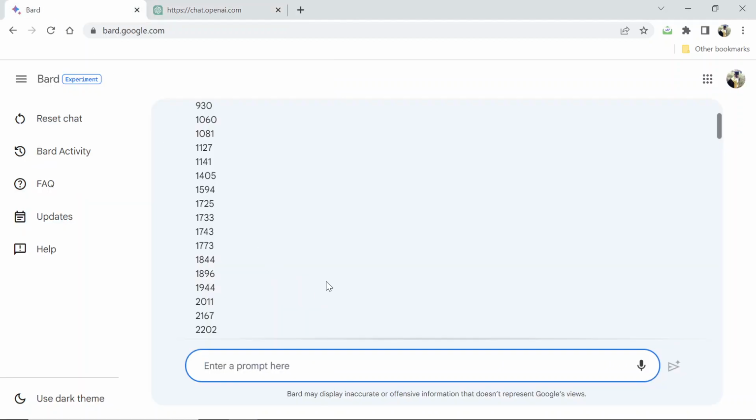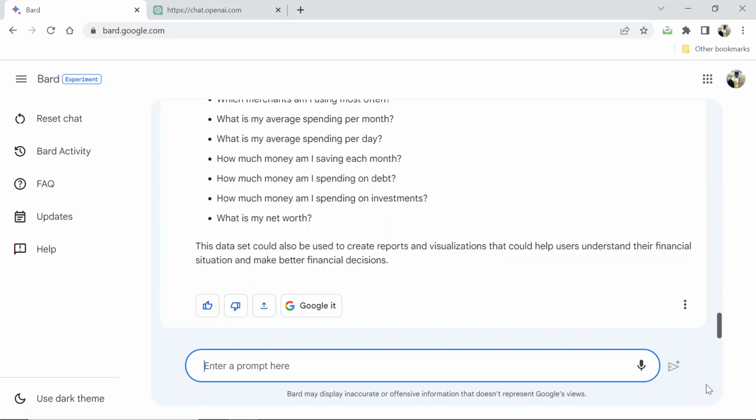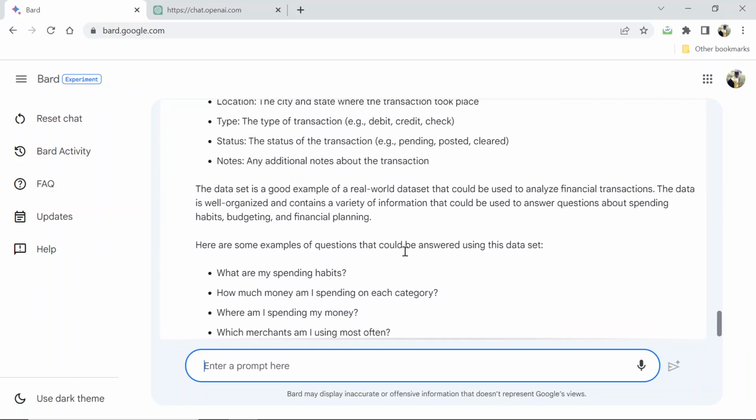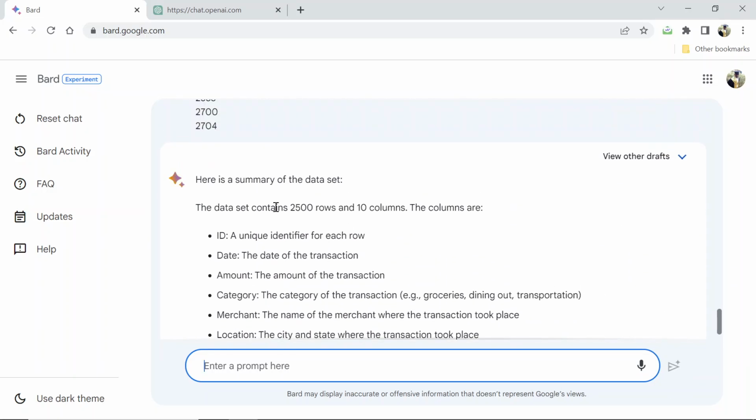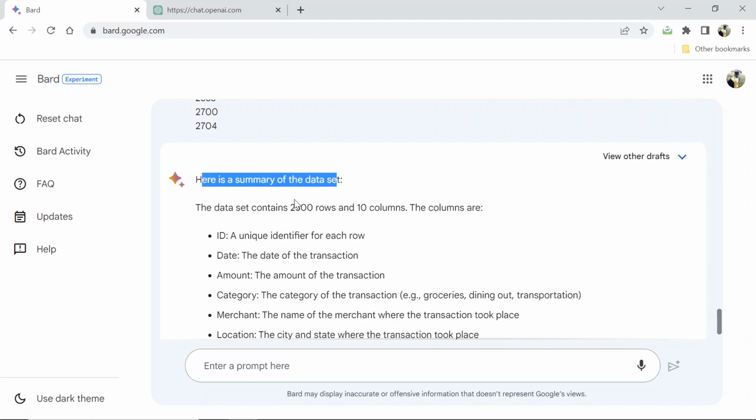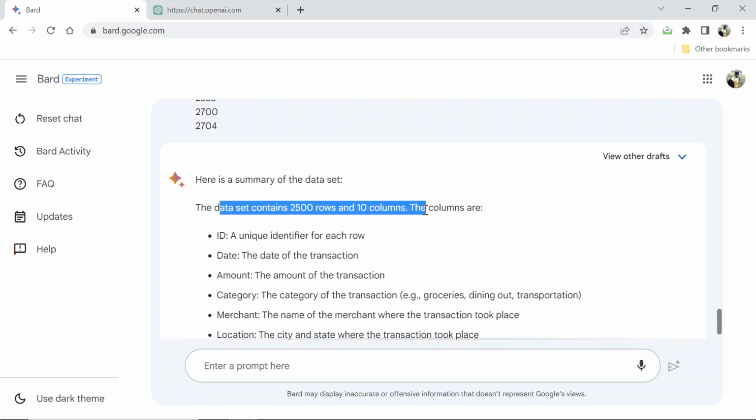Let me check if Bard has discovered that component. It says, here is a summary of the dataset. The dataset contains 500 rows and 10 columns. Oh, this is a typical lie.